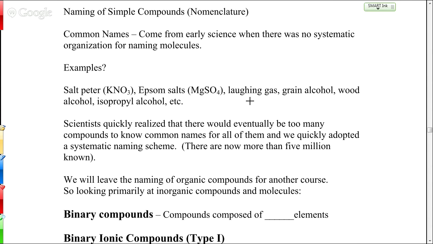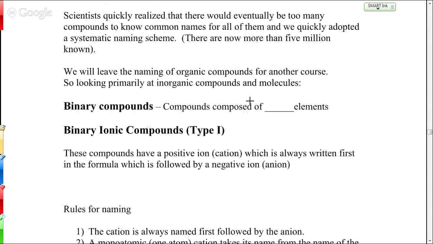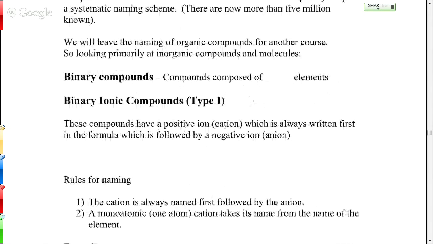So to do that, we have to group our compounds into different categories, because different categories of compounds are named a little bit differently. And we're going to go through some of these different categories and talk about what those names are and how they're constructed. So what do you think a binary compound is? A compound composed of how many elements? 2, right? Binary means 2.